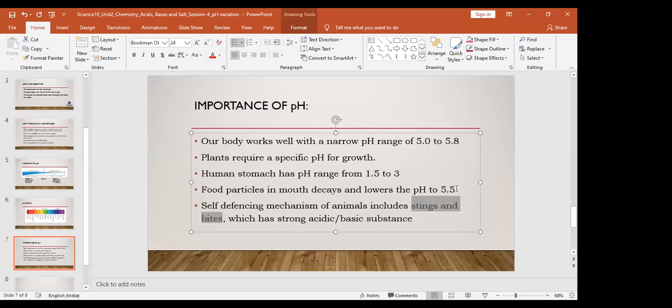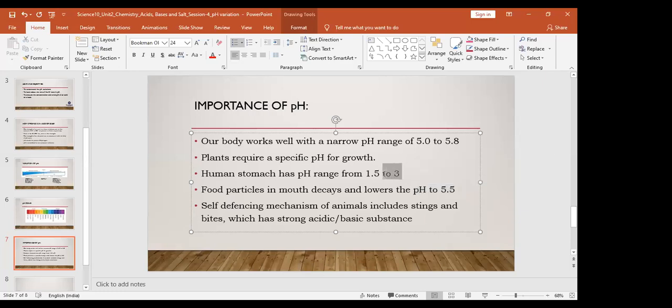In case of tooth decay, the acidity of the tooth decay can be reduced with the help of toothpaste. That's why most toothpastes are basic in nature. So once in the morning when you brush your teeth, you are actually neutralizing the interior of your mouth so that the ill effect of the decaying food particles can be stopped.